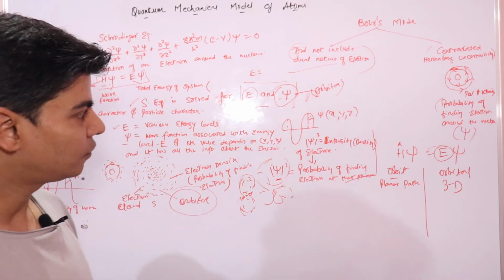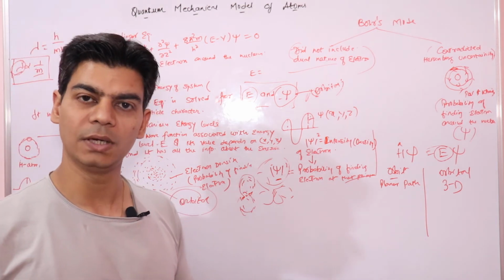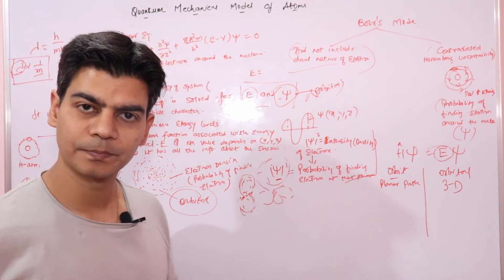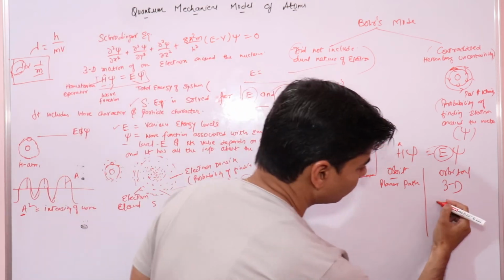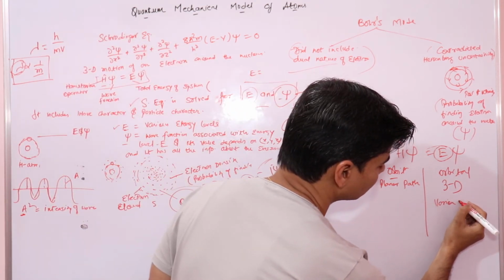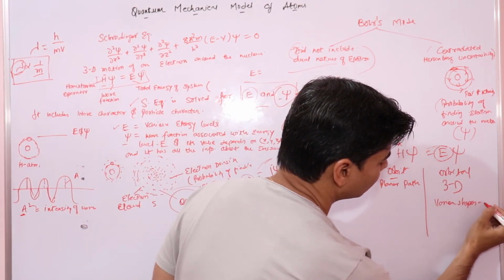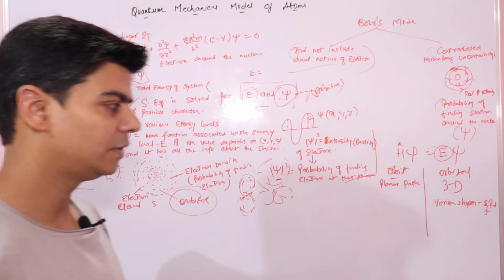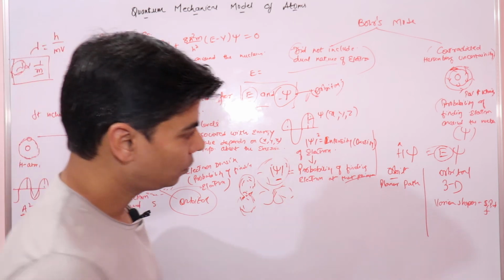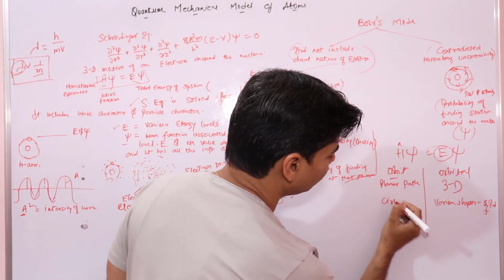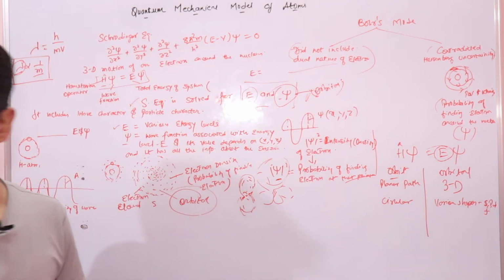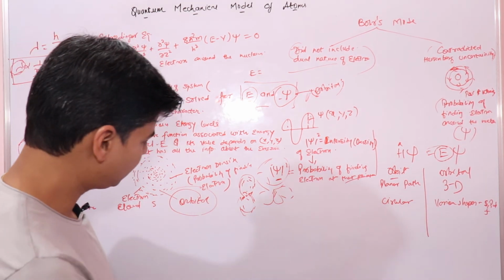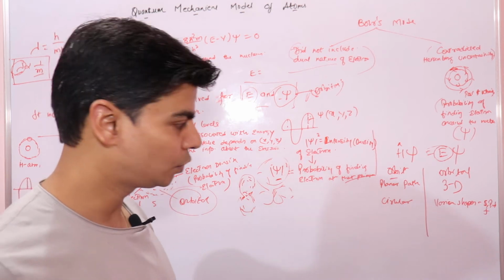So if you try to find the probability of electrons in those orbitals, you will get different shapes, right? So orbitals can be of various shapes, like later you will learn s, p, d, f orbitals. All these have different shapes. Now orbits are always circular, right? And the maximum electrons, like I said, an orbital can contain a maximum of 2 electrons.